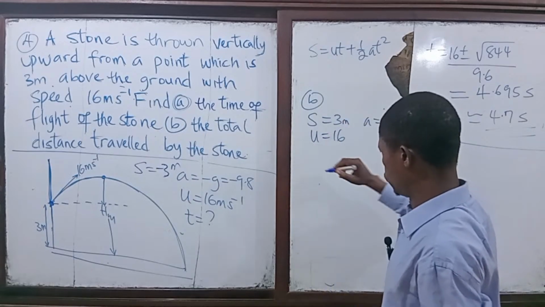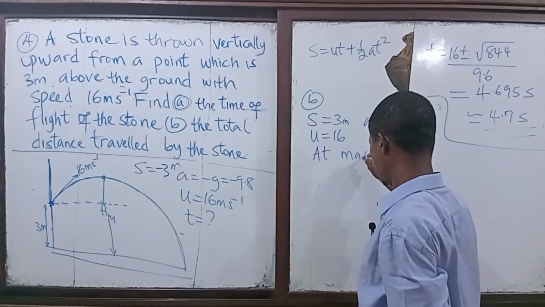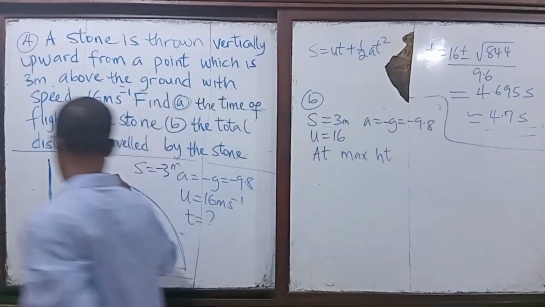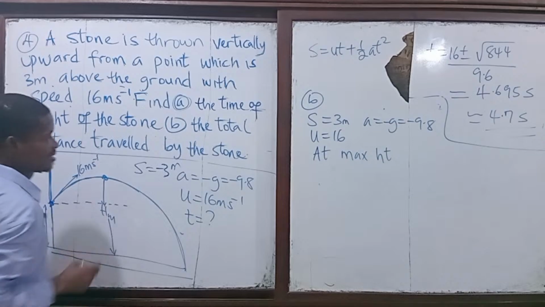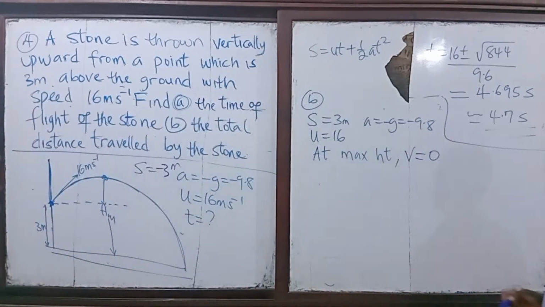So what we're going to do is, at the peak, at the maximum height, v is 0. The final velocity is 0.